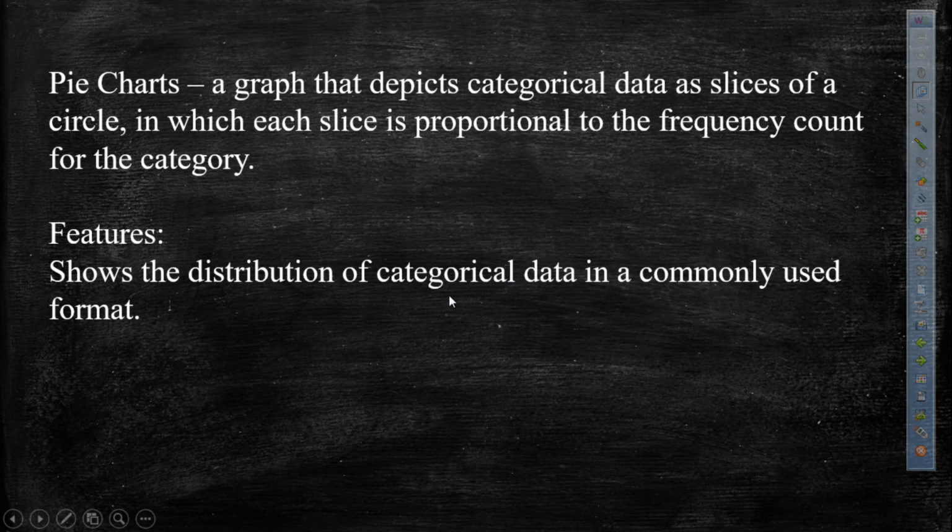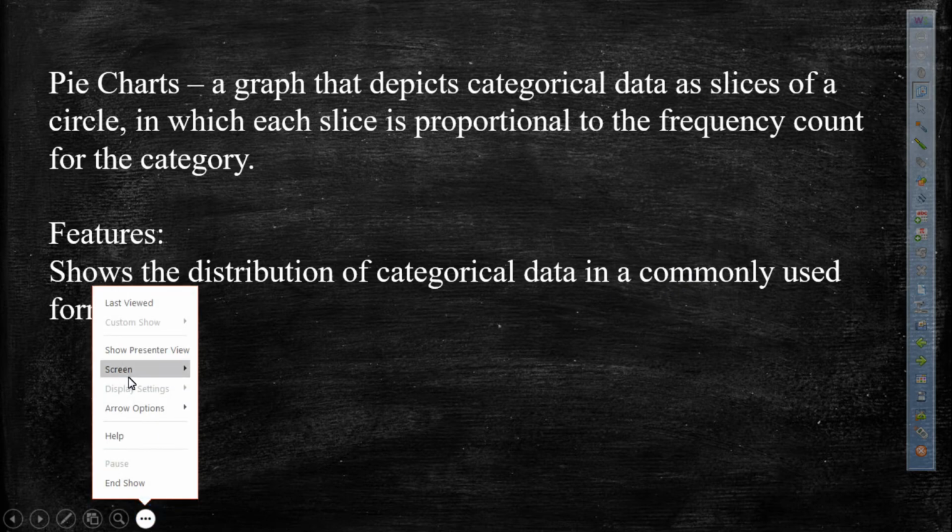Pie charts: a graph that depicts the categorical data as slices of a circle, in which each slice is proportional to the frequency count for the category. The feature is it shows a distribution of categorical data in a commonly used format.